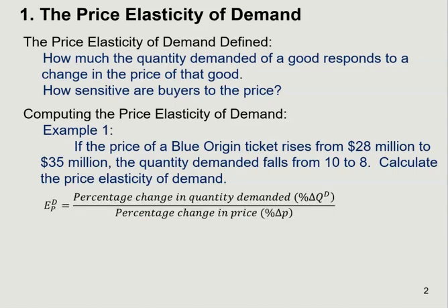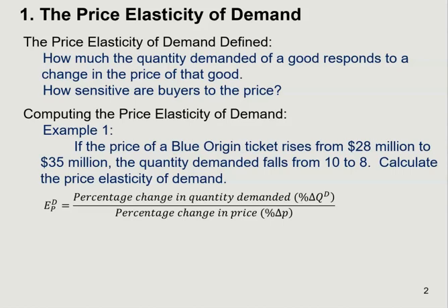Now here, the E^D_P stands for price elasticity of demand. This superscript D stands for demand, and the subscript P stands for price. Based upon the definition, that is the percentage change in quantity demanded divided by the percentage change in price.